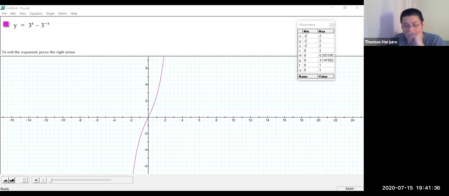Okay? Now, you see that the horizontal asymptote is y equals 1, right? So that will be your c right away. That will be your constant. So f(x) equals b times a to the x plus 1. Now then, how do I get the b? How do I get the a?